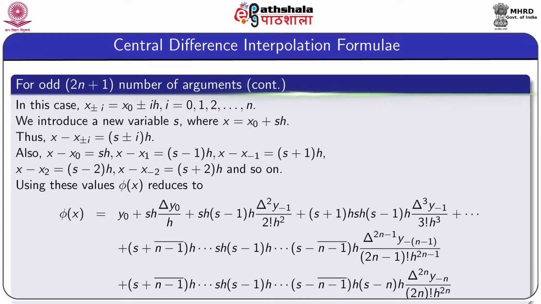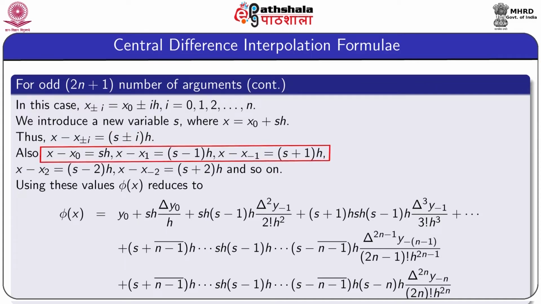Note that the variable s is a dimensionless quantity. So, using these two relations, we can write x minus x plus minus i equal to (s plus minus i) into h. Also, x minus x 0 equal to s h, x minus x 1 equal to (s minus 1) into h, x minus x minus 1 equal to (s plus 1) into h.